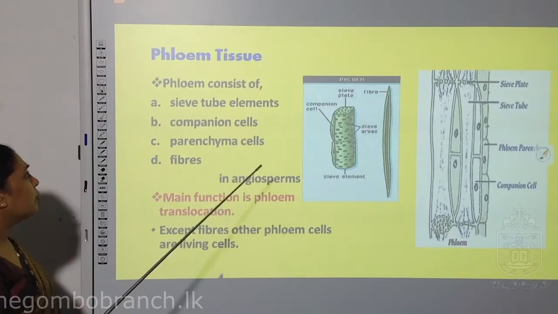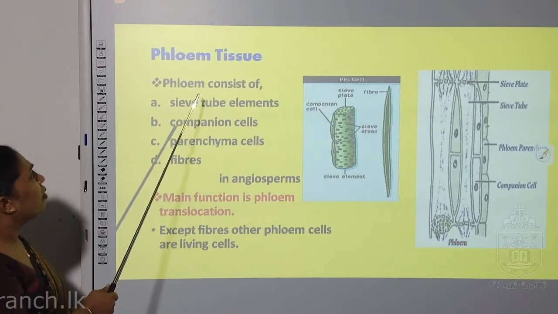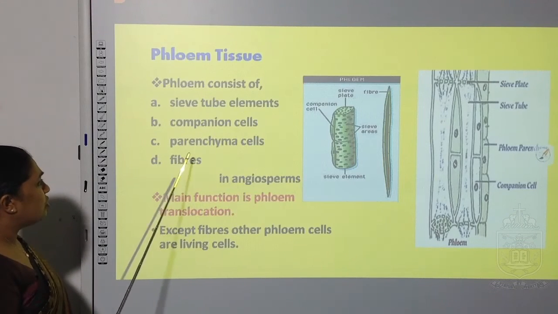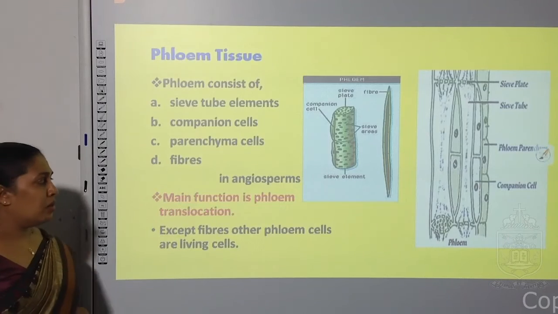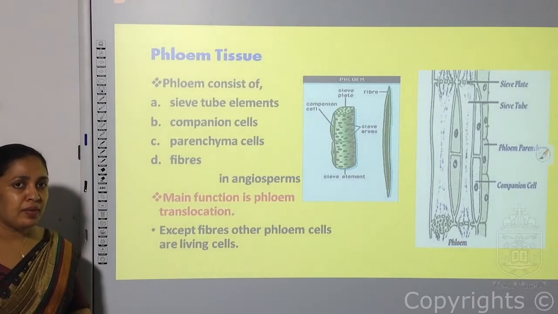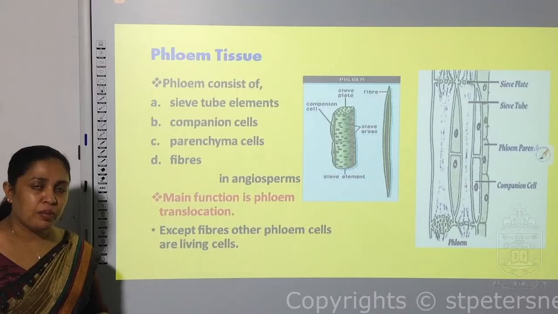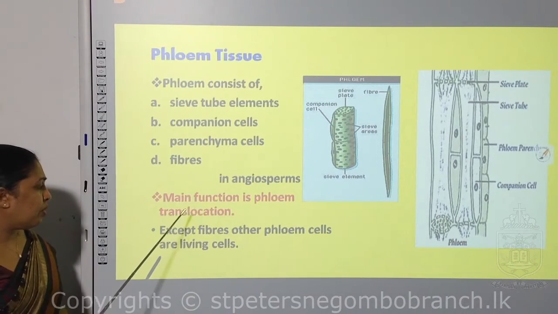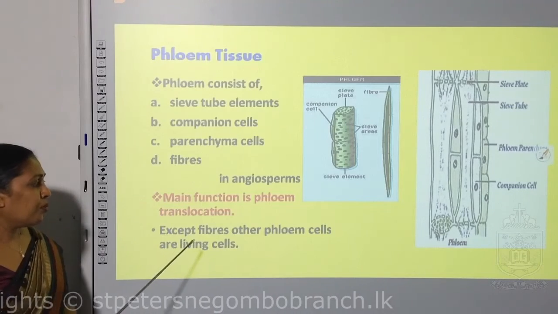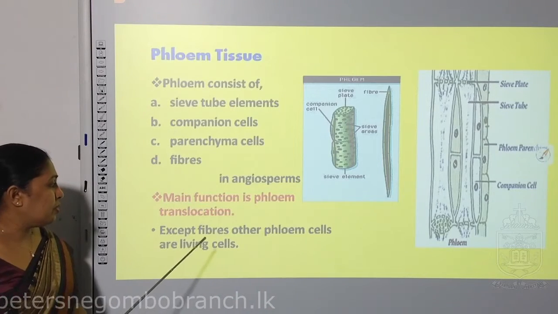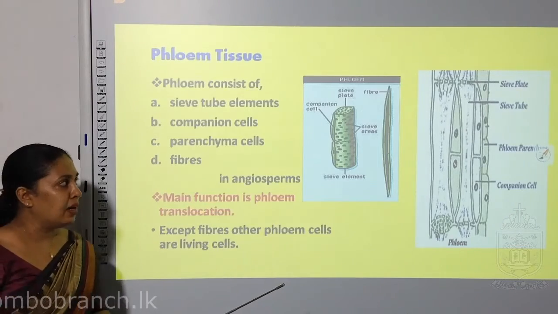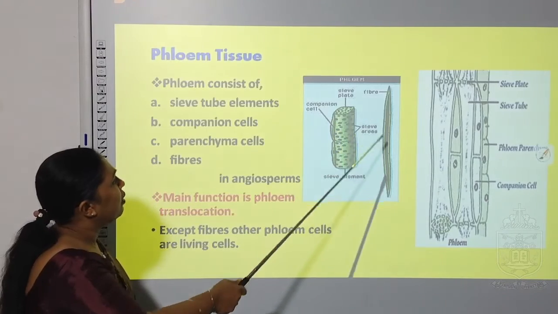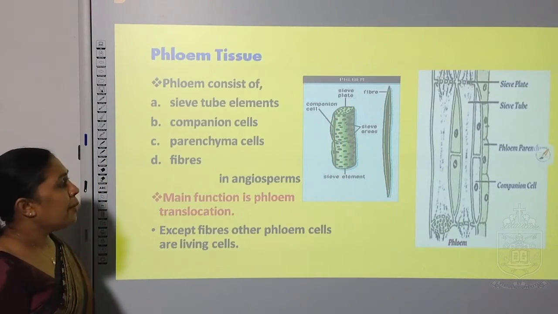In the phloem, there are sieve tube elements, companion cells, parenchyma cells and fibers. All these four types are present in the angiosperms, but in other vascular plants only some of them may be present. The main function is phloem translocation, and these cells are living except the fibers. Fibers are non-living. So this is the sieve tube element and the companion cell, and the fiber is here, and the parenchyma.